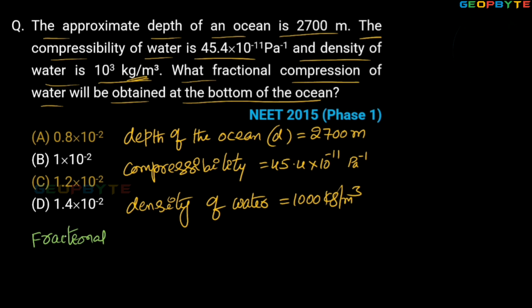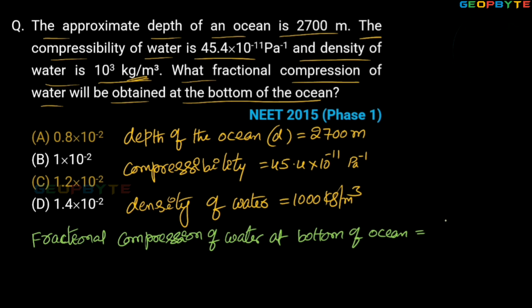Fractional compression of water at the bottom of the ocean equals compressibility multiplied by pressure.